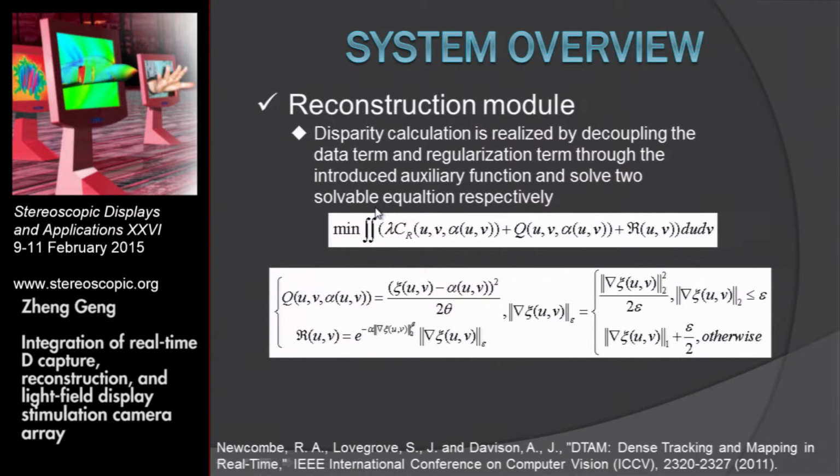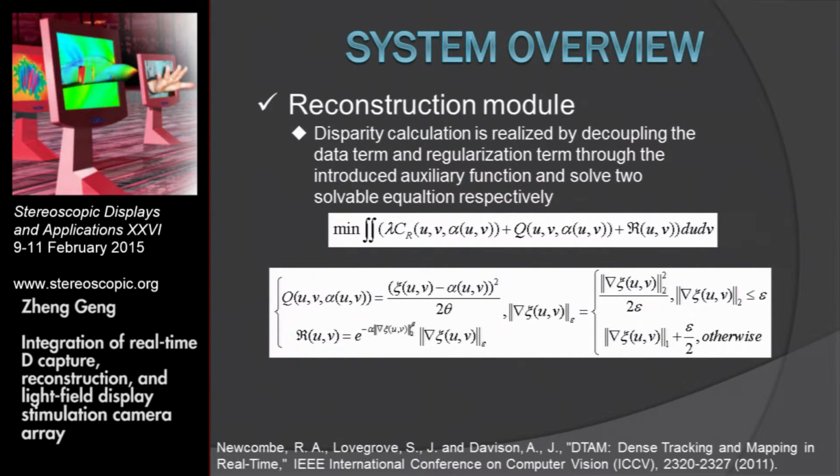And here is the core of it. The disparity calculation is realized by decoupling the data term and the regularization term. The data term is lambda times C, the regularization term is R, and Q is the auxiliary function added.